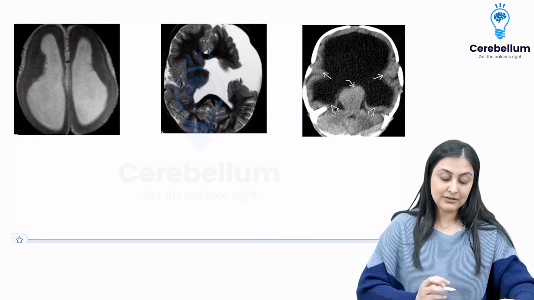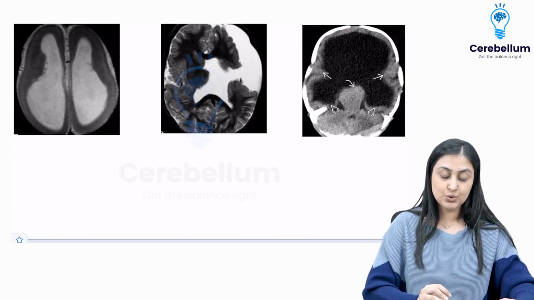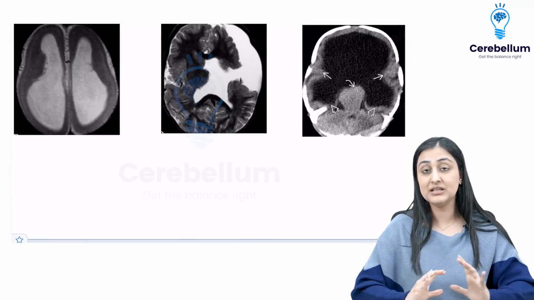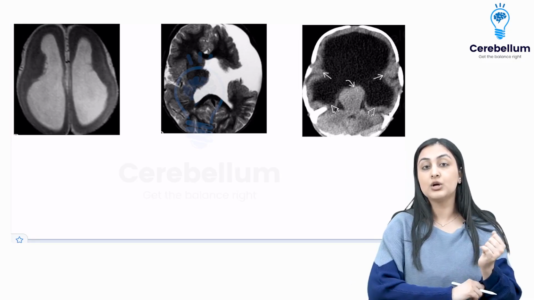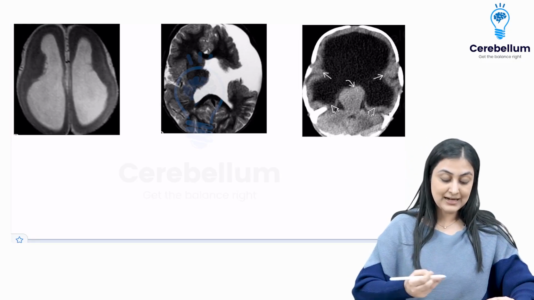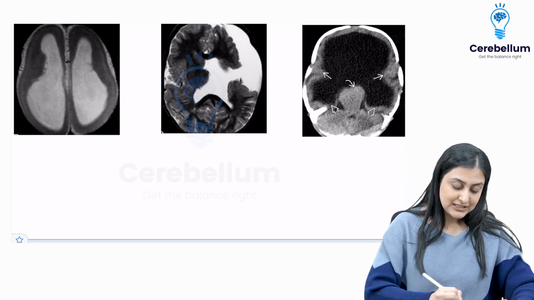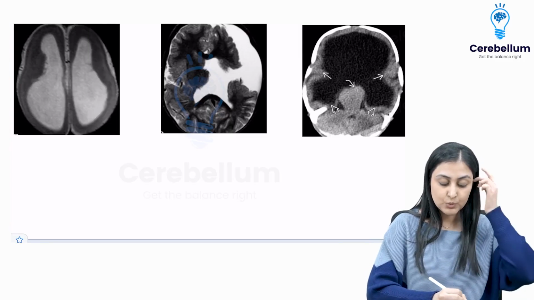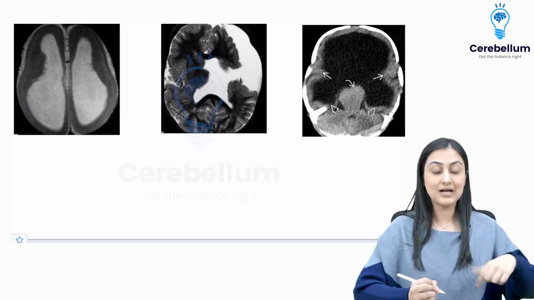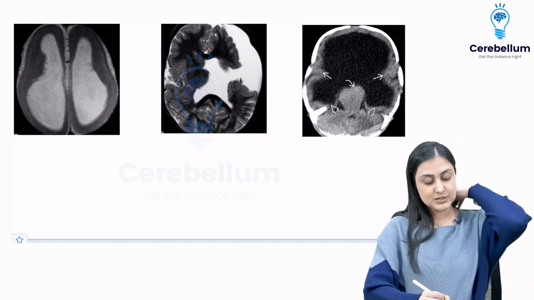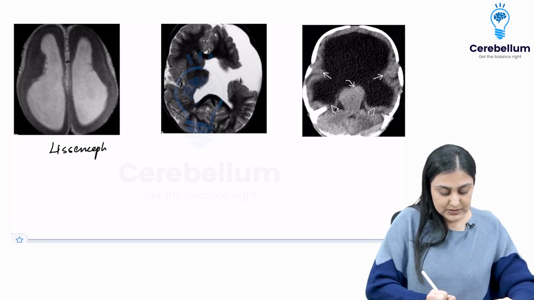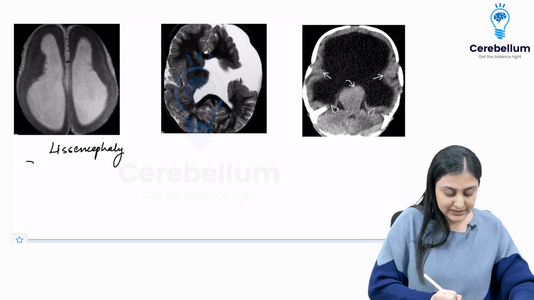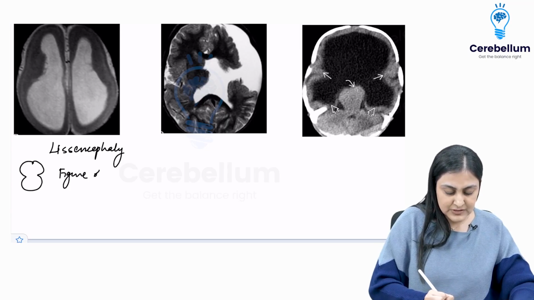Three pediatric malformations, these are called neuronal migration defects, wherein the neuronal migration doesn't happen well and you have abnormalities of cortical sulcations and gyrations. So what you see here is a completely smooth brain. Can you see how there are no gyri and sulci? And this is what is called lissencephaly. Okay, so this is called lissencephaly, and the brain has a very smooth figure of 8 appearance.